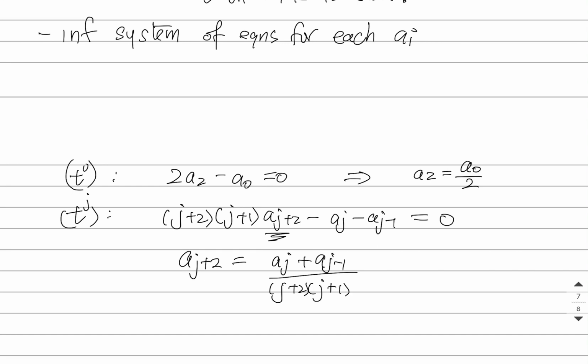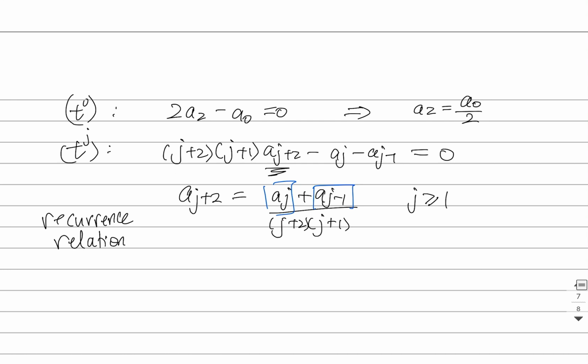And this is going to be valid for j being greater than or equal to 1. This is called a recurrence relationship because you need previous values in order to be able to calculate the next value.